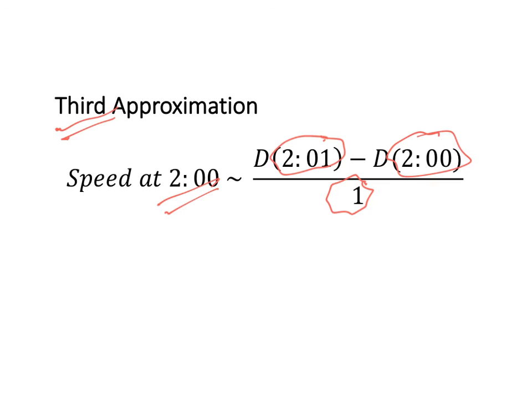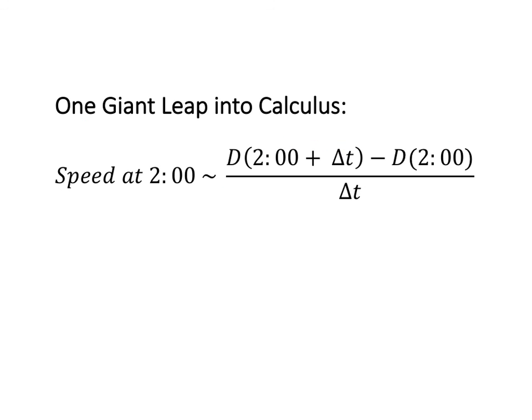Does anybody see what we've been doing here? We're taking shorter and shorter time intervals starting at 2 o'clock, getting closer and closer to the true speed at 2 o'clock, which is what a speedometer actually says. Now let's take a giant leap forward.